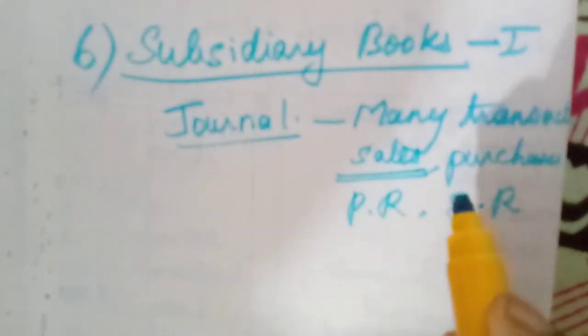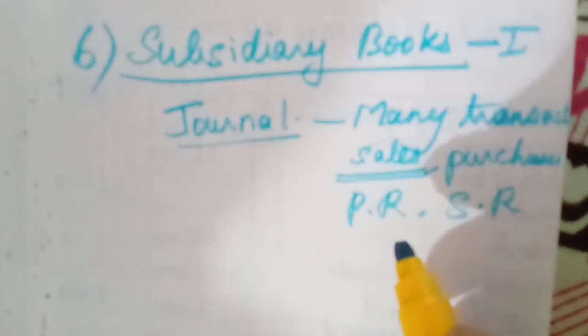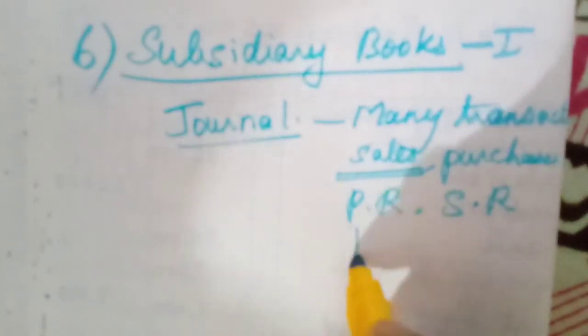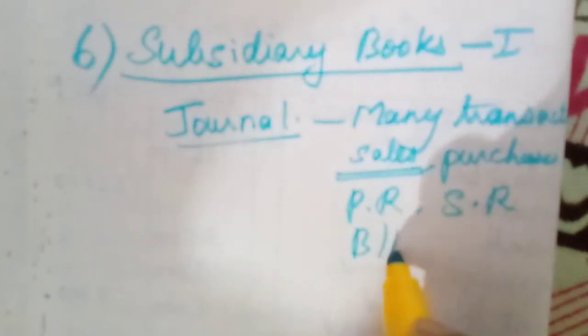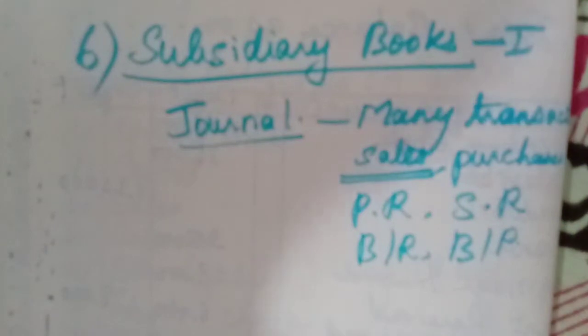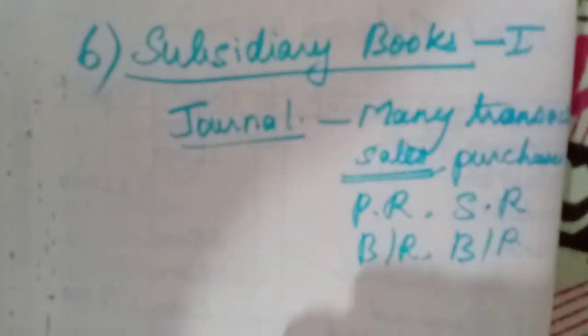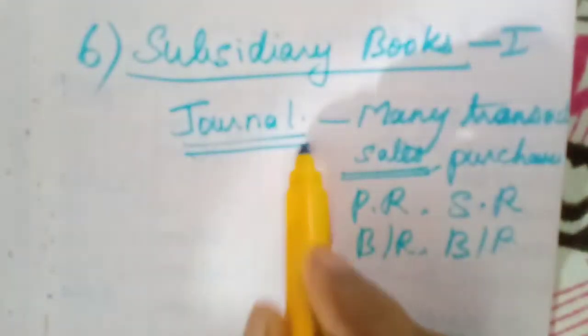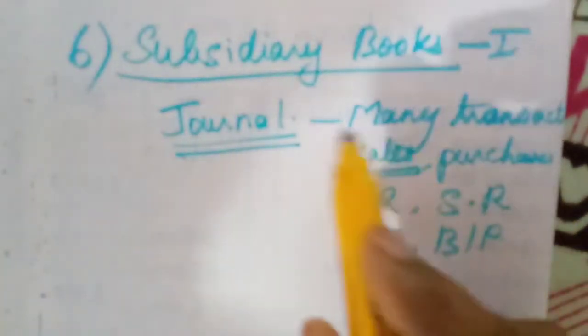Then any bill of exchange received: bills receivable, bills payable. All these books are prepared. Instead of entering in the journal, we are entering in the subsidiary books. They are called subsidiary books.